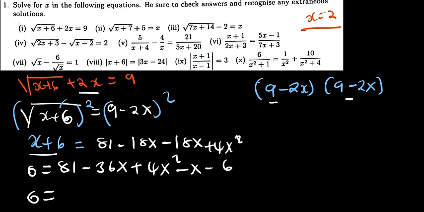So 81 minus 6 is going to give me positive 75.